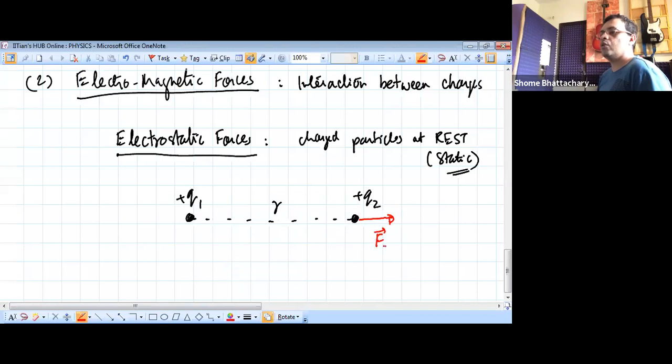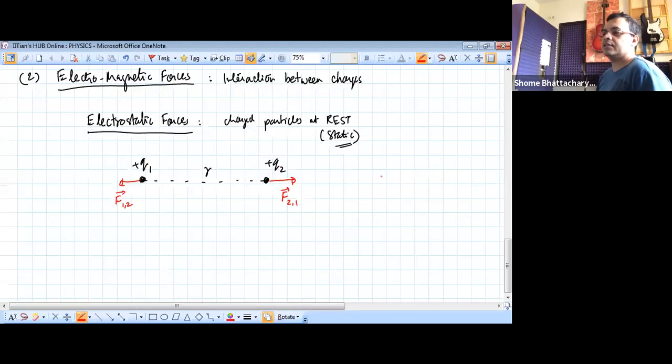This is the force on 2 due to 1. Similarly, this will experience an equal and opposite force. Again, this follows Newton's third law, that every action has an equal and opposite reaction. So F21 happens to be minus F12, equal in magnitude and opposite in direction. They are an action-reaction pair.